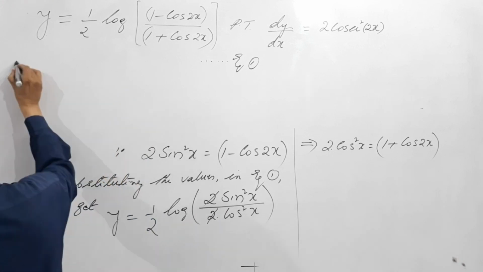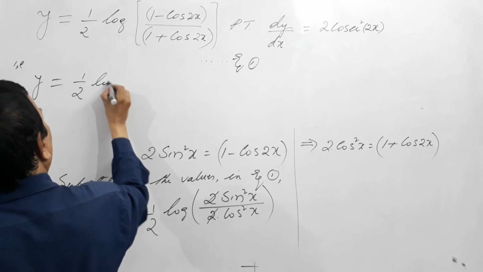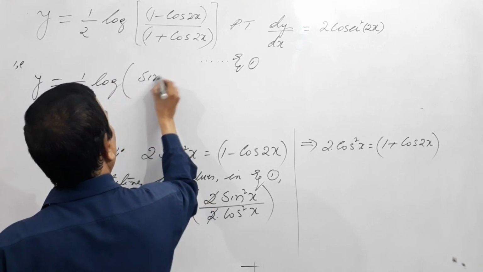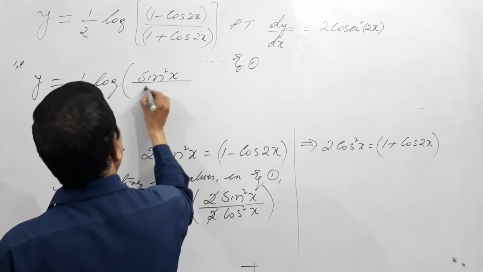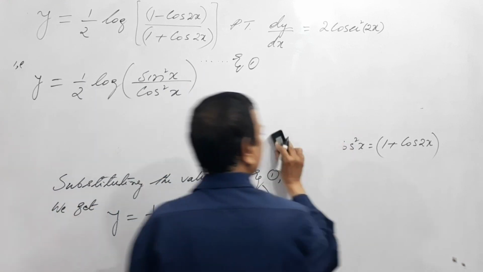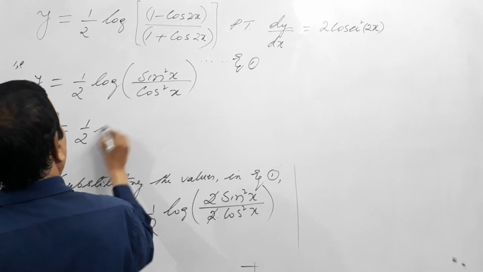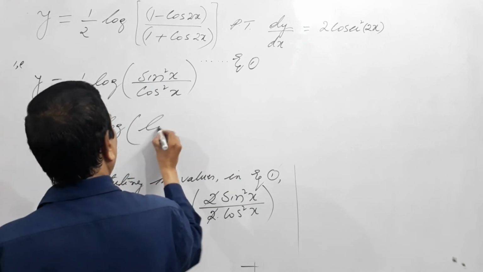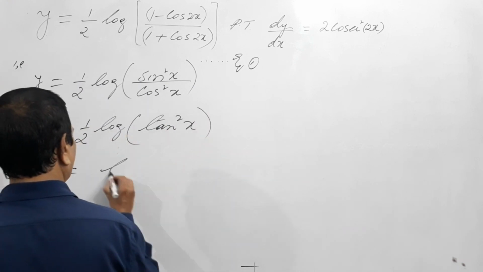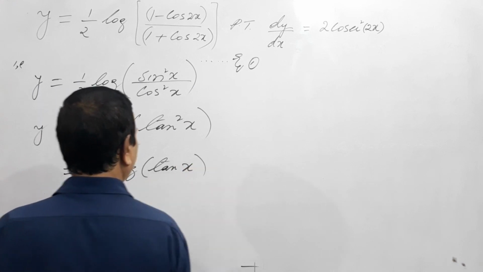So y equals half log of sin square x by cos square x, which is nothing but half log tan square x, which equals log of tan x.